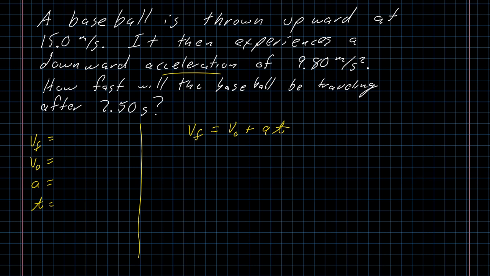That's going to be our V naught, 15.0 meters per second. The acceleration is given to us as 9.80 meters per second squared, and the time is given to us as 2.50 seconds. We're asked, how fast will the baseball be traveling? That sounds like a final velocity to me, which thankfully is the only thing that's missing.